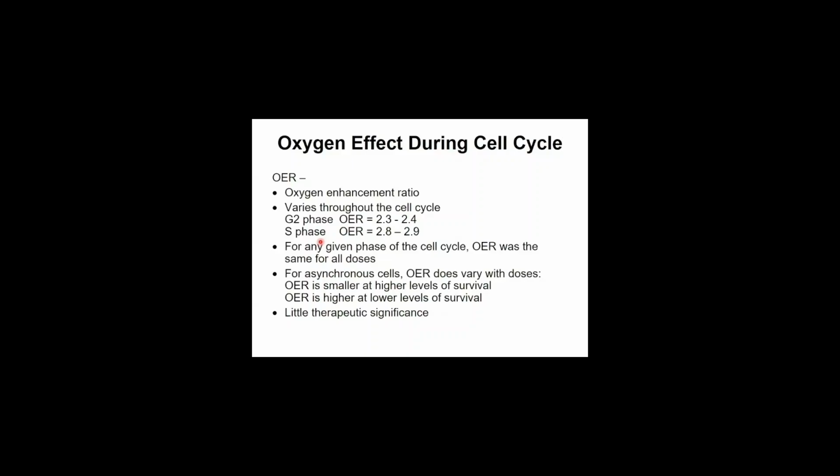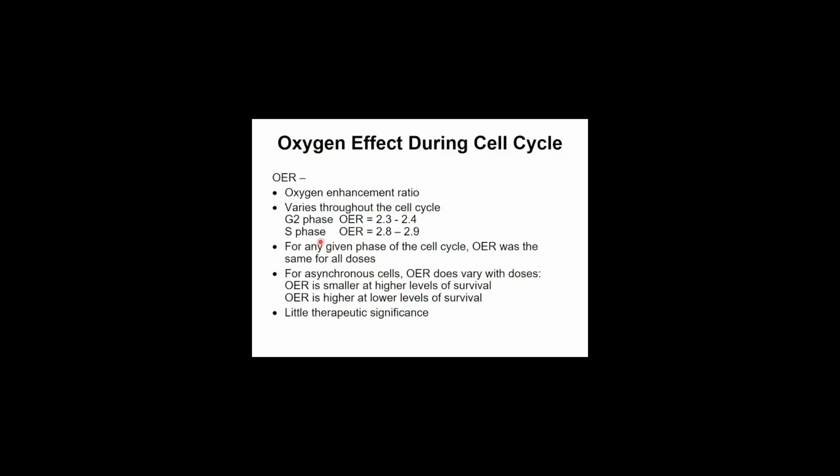And we saw this in the cell cycle, in the survival curves, but there is an oxygen effect. The oxygen effect is going to be discussed heavily in the section on reoxygenation, but I want to mention it here only so that you've seen this.